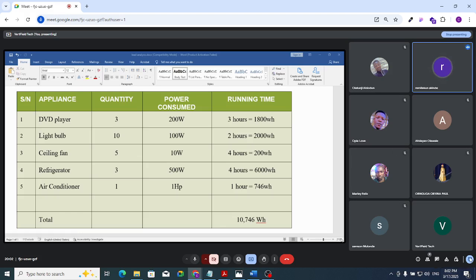Okay, so for the appliances you're talking about, the current and the voltage, all that you are concerned with is what I have told you. You are only concerned with the wattage, which is the power consumed by that appliance. The wattage is a result of the current being drawn by the machine and the voltage flowing in the circuit that powers that machine.